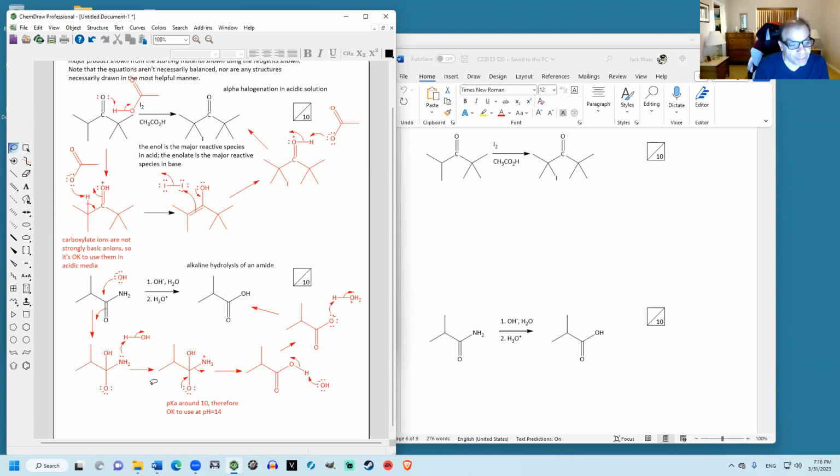I realize this is a little confusing having both a minus and a plus charge in the same intermediate, but this is the correct way to draw it, and this is how we present it in class. It's because the species can exist at pH 14. Basically assume pH 14 for basic solution and pH 1 for acidic solution.